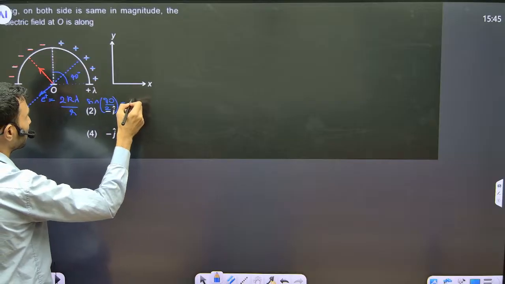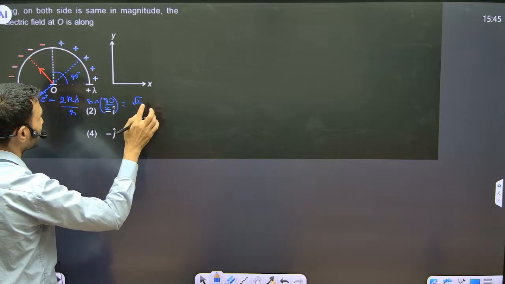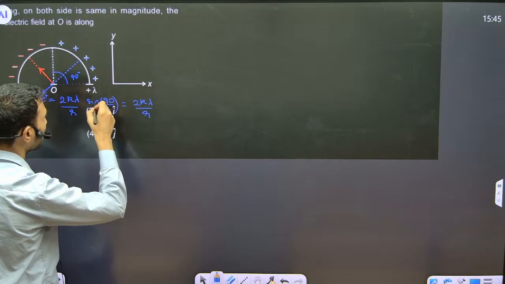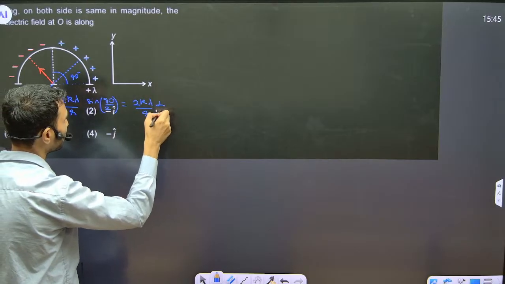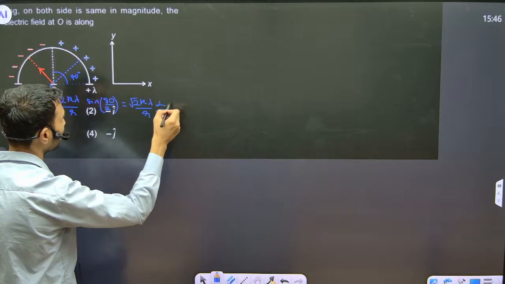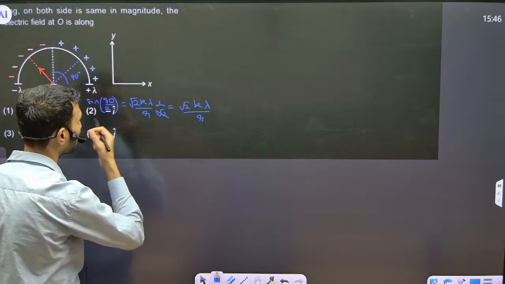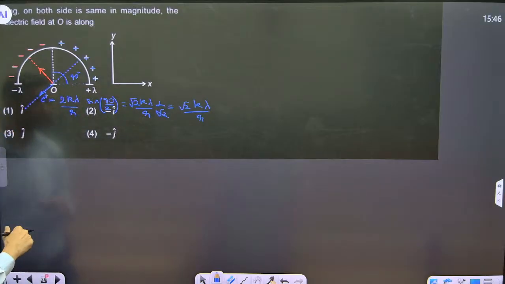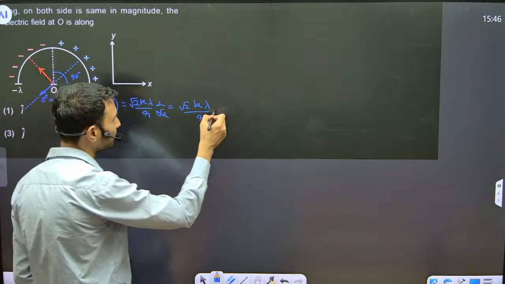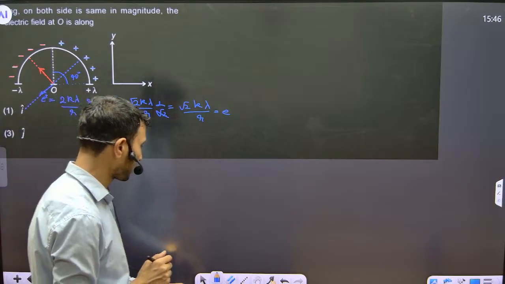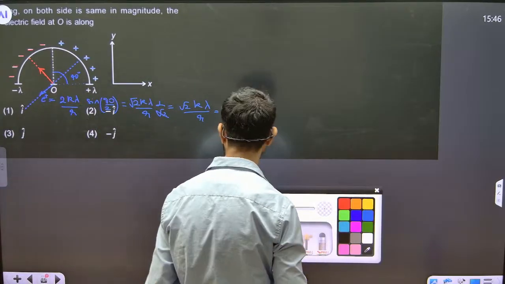So it becomes 2k lambda, sine 45 is 1 by root 2, and that's root 2 k lambda upon r. That is E plus, and let's call it E. And let's find E minus.